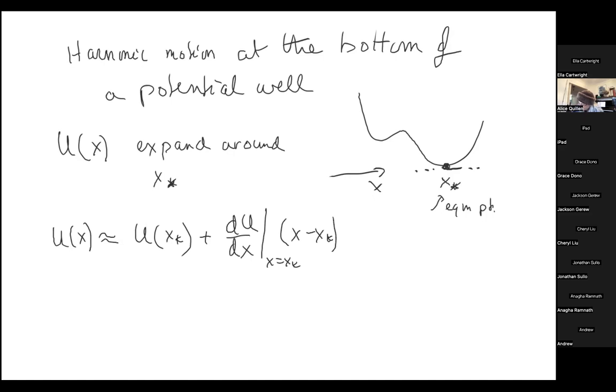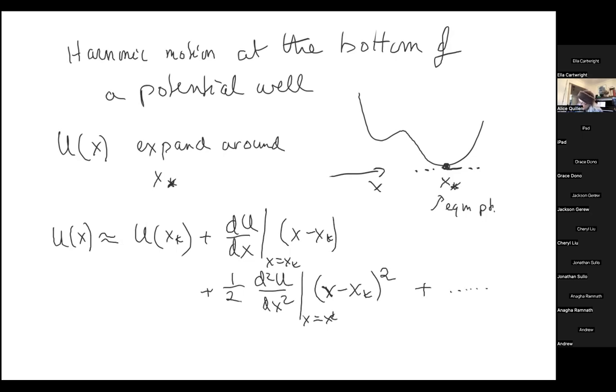This is a Taylor expansion, right? Which hopefully you've seen in calculus. And then we have the second derivative at x equals x star, times the distance squared like that, plus higher order terms.